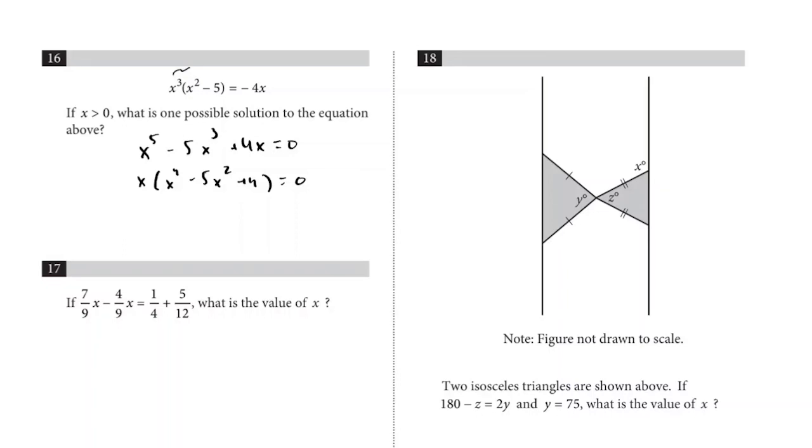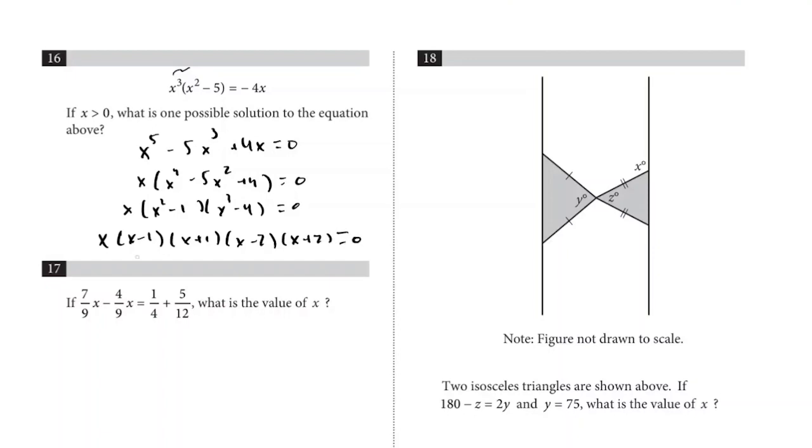Now, this can be further simplified into x multiplied by x squared minus 1 and x squared minus 4, right? And that is equal to 0. And again, it could be further simplified to x multiplied by x minus 1 multiplied by x plus 1 multiplied by x minus 2 multiplied by x plus 2, and that all equals 0.